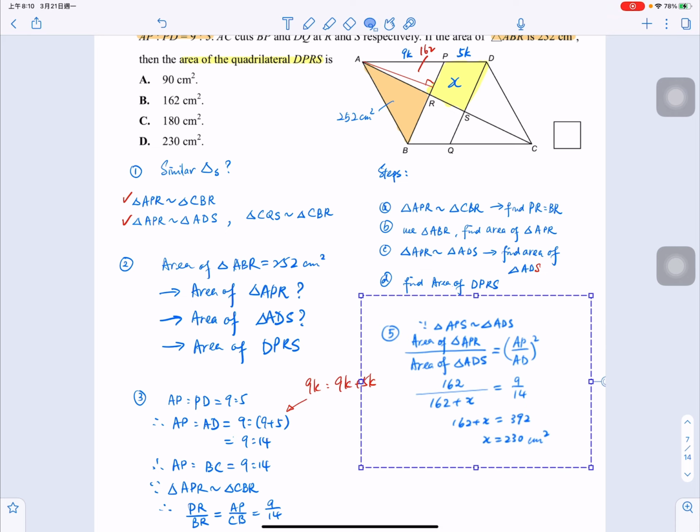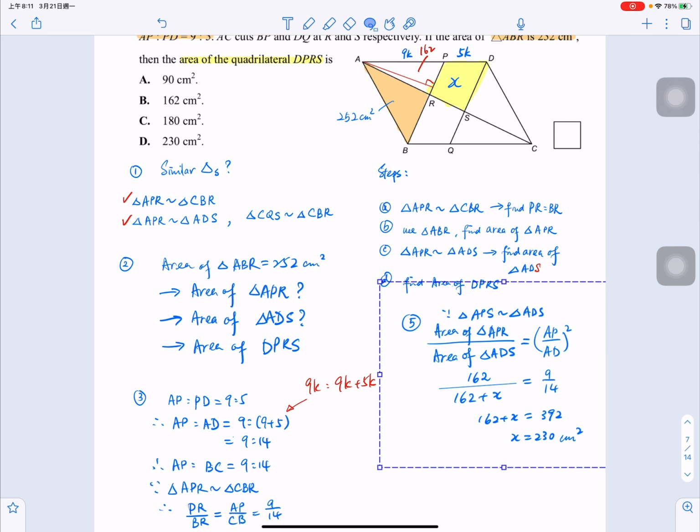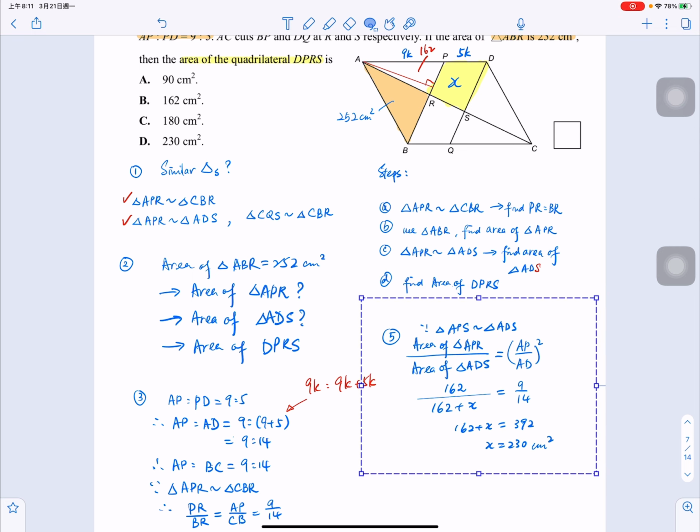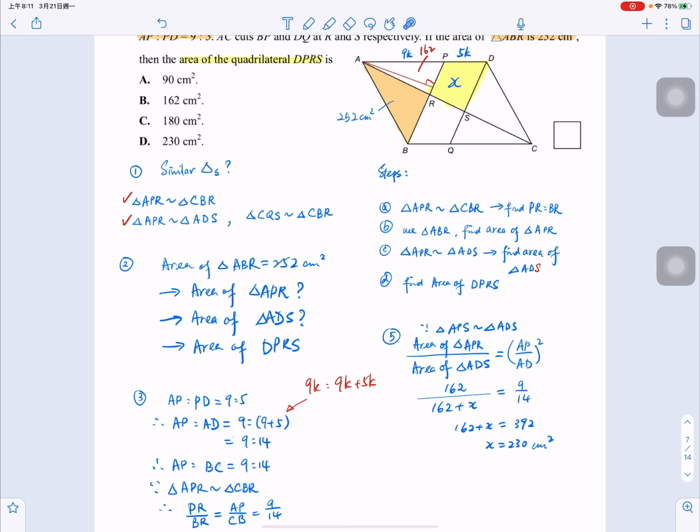So let's see. Finally, try to find out this. Since now this one and this one also are similar, right? So the area of APR to this one, ADS, is the length of AP to AD, and then take the square.